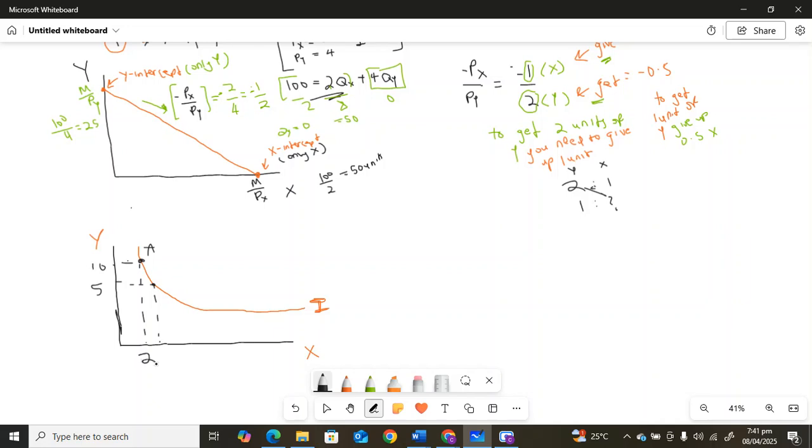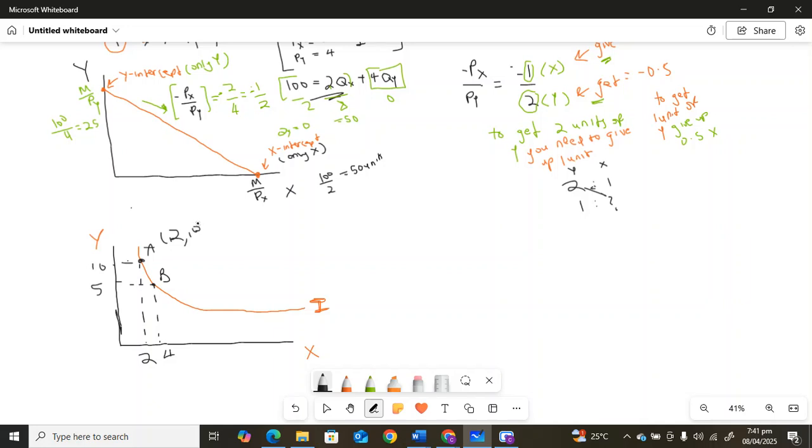Good x is 2 at A and 4 at B. So at point A, you can have 10 units of good y and 2 units of good x.